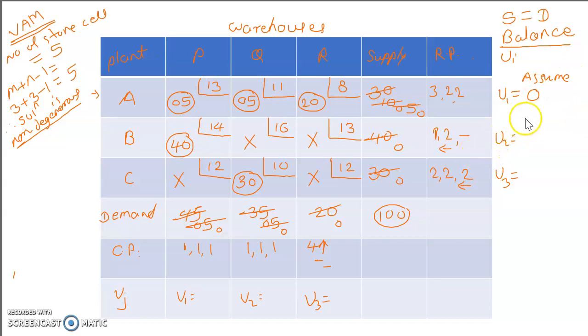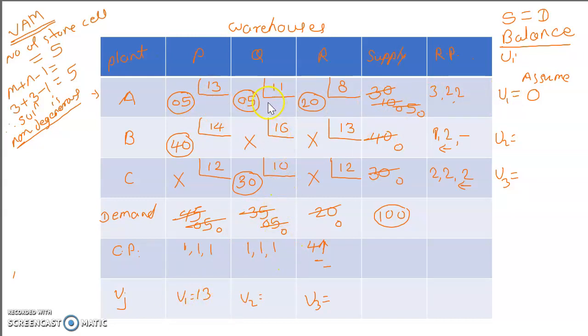Once U1 is equal to 0, consider this cell, the first stone cell. For this cell we use the formula Cij is equal to Ui plus Vj, where the value of C is 13, U1 is 0 and V1 is unknown. So 13 is the summation of U1 plus V1. Therefore 13 minus 0 is equal to 13, so V1 is equal to 13.